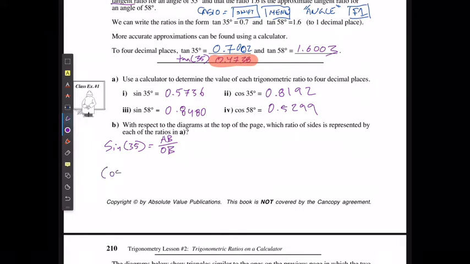If I'm doing cos of 35, then from the picture at the top, that would be the side length of OA divided by OB.